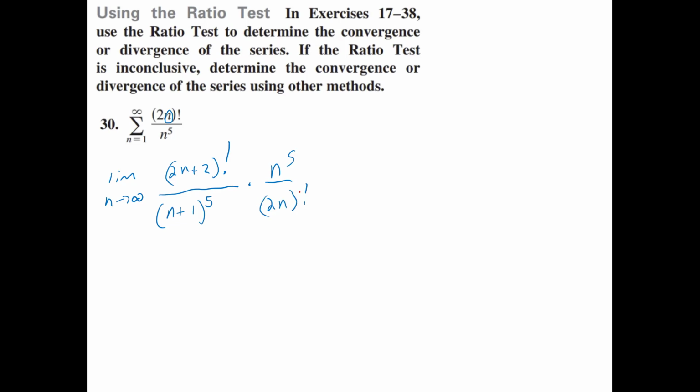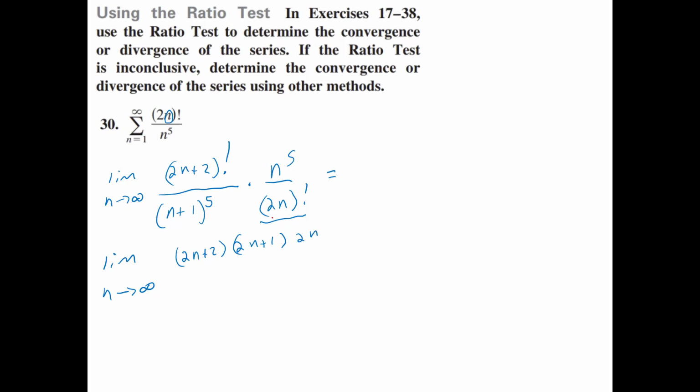Now again, you need to get comfortable with cleaning up these factorials. You take the bigger factorial, that would be this one, and you break off factors until you get to this one. So 2n plus 2 factorial means that you start with your first factor being 2n plus 2. Then you take 1 away from that, and you get 2n plus 1. And then you take 1 away from that, and you get 2n.